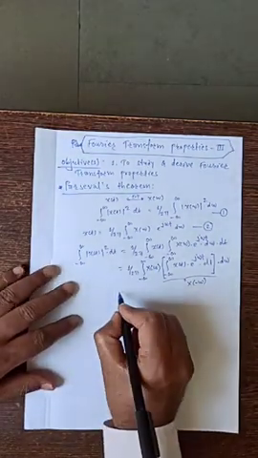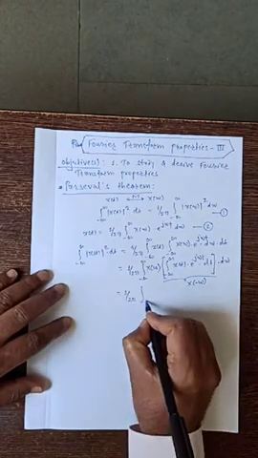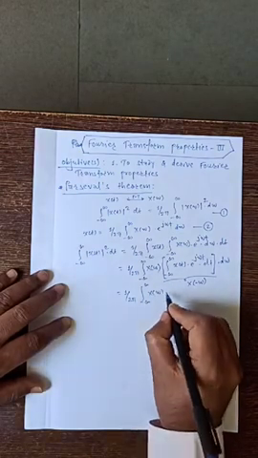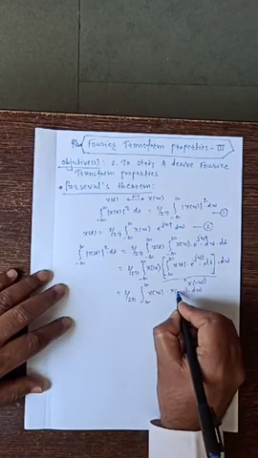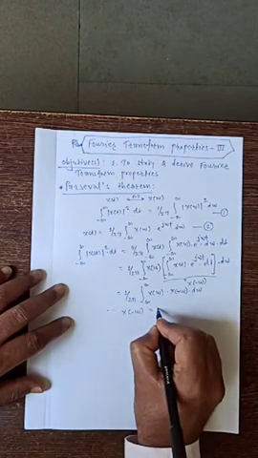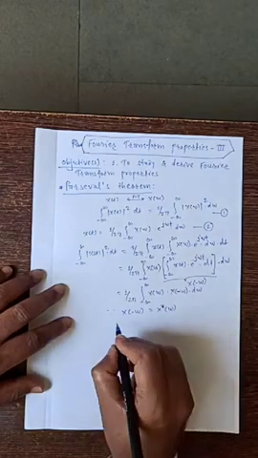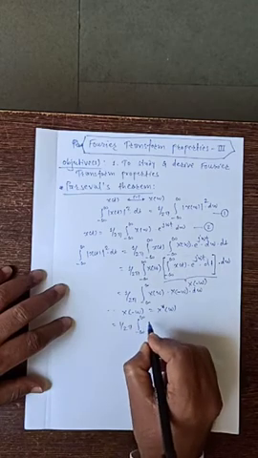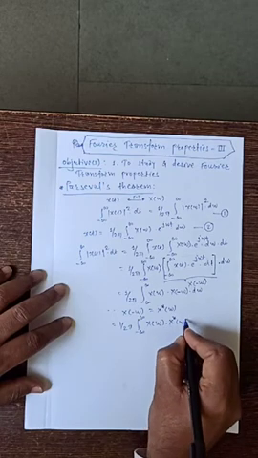One more equation that we know, that is equal to 1 upon 2 pi, this integration from minus infinity to plus infinity. So earlier X(omega) and then X(minus omega) into d omega. Since X(minus omega) is equal to X star(omega), we can write this equation as 1 upon 2 pi integration from minus infinity to plus infinity of X(omega) into X star(omega).